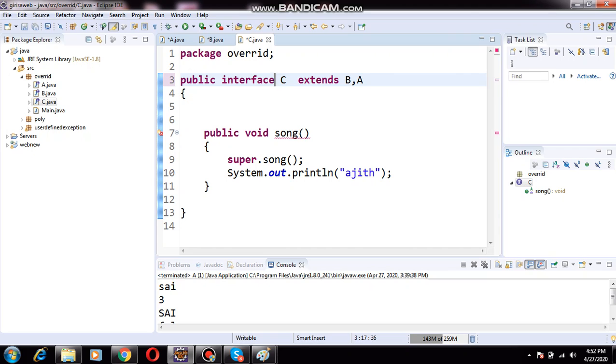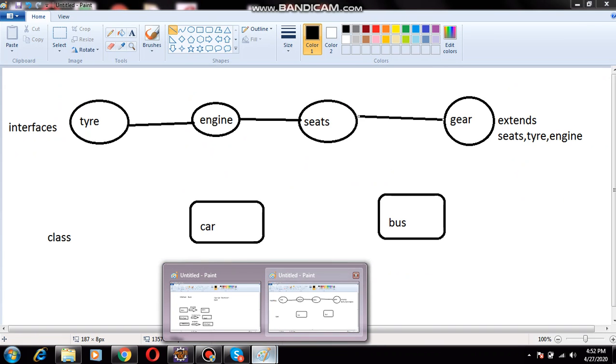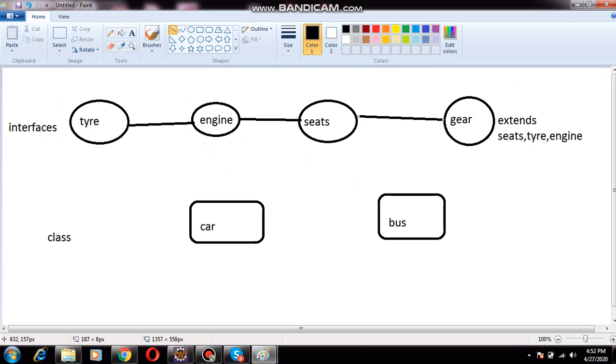One class will extend only one class, but one interface can extend n number of interfaces.